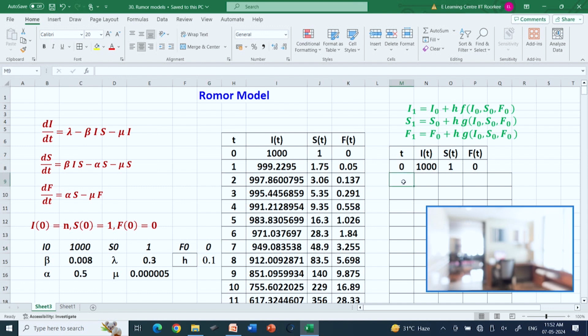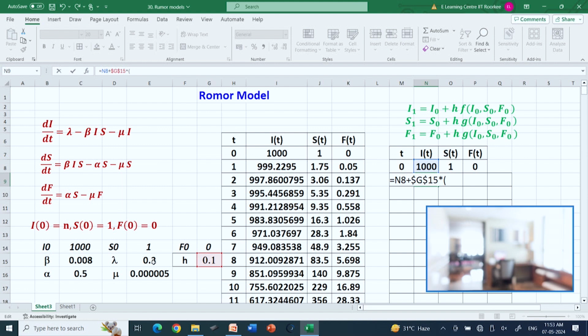So, let me calculate, this will be 0 plus 1. This is going to be this initial value plus h, which is 0.1 and is a constant, so I put a dollar sign, multiplied by, open a bracket, this whole thing.